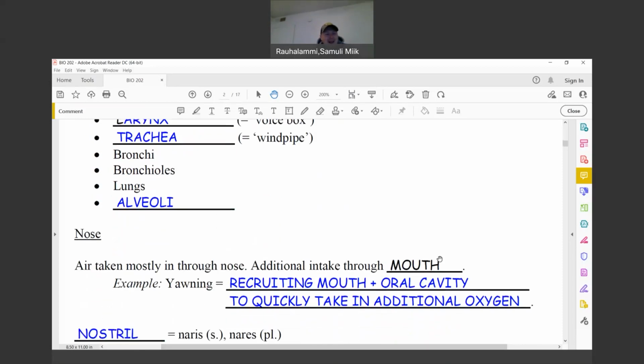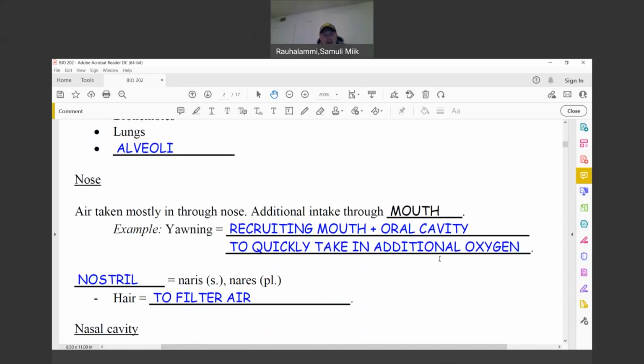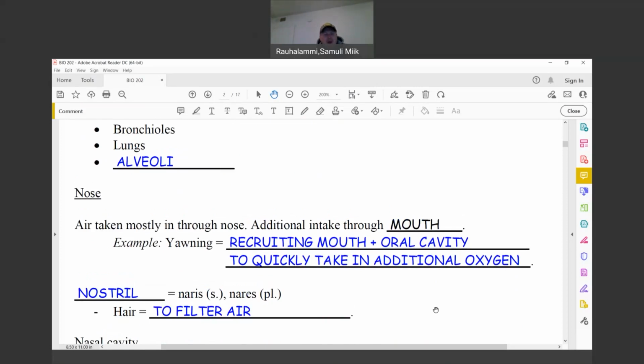So let's start with the nose. A couple of things to notice about the nose when we talk about the respiratory system is that it's the structure through which we take in most of the air. There is an additional option of recruiting the mouth for additional air supply to the body, but by default, we're really supposed to be nose breathers.